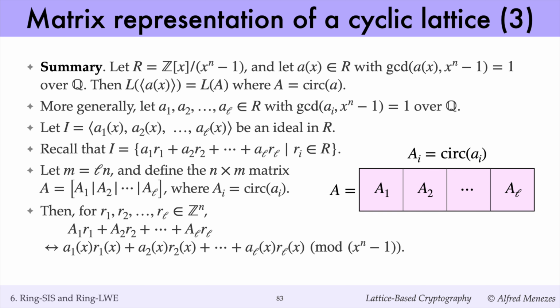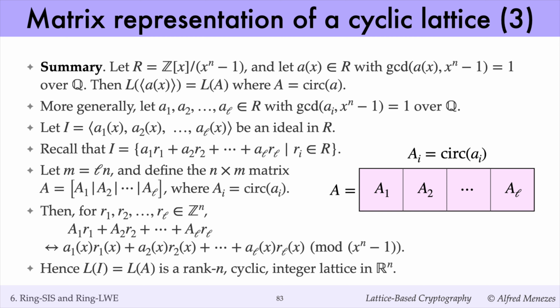Then, for integer vectors r1, r2, up to rL, the vector A1 times r1 plus A2 times r2 plus AL times rL corresponds to the polynomial a1 r1 plus ... plus aL rL modulo x to the n minus 1. Thus, the lattice L of the ideal generated by the polynomials a1 up to aL is a full-rank cyclic lattice with basis matrix A.